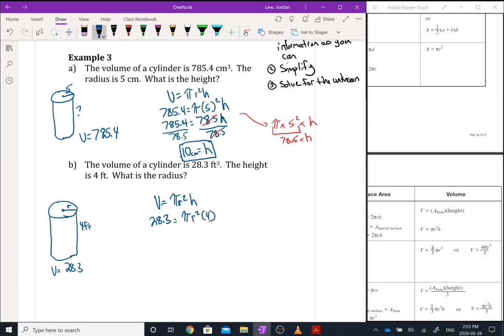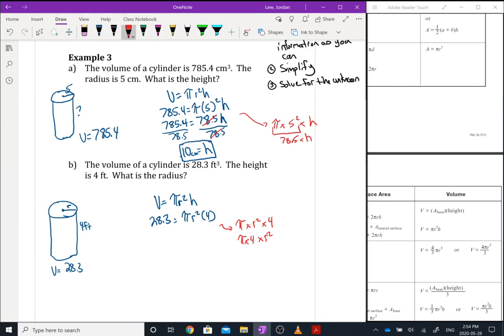Here I'm going to simplify. So what I'm going to do, and I'll show you how I'm breaking this apart. If I have pi times r squared times 4, it doesn't matter what order I multiply these in, the answer is still going to be the same. So I can actually switch this around so that it's pi times 4 times r squared, and it won't matter, it'll still give me the same thing.